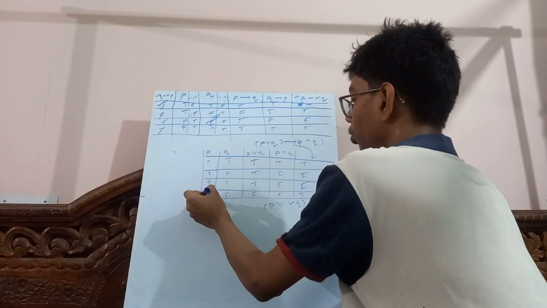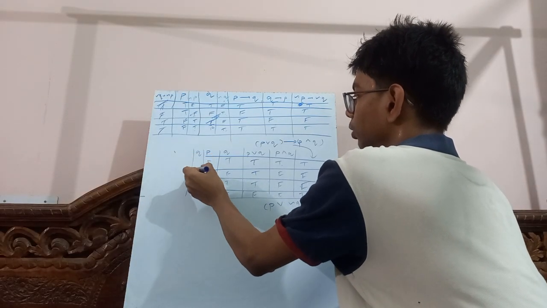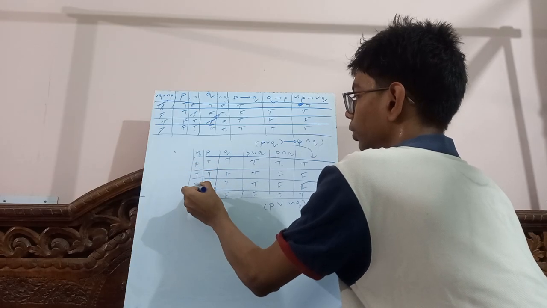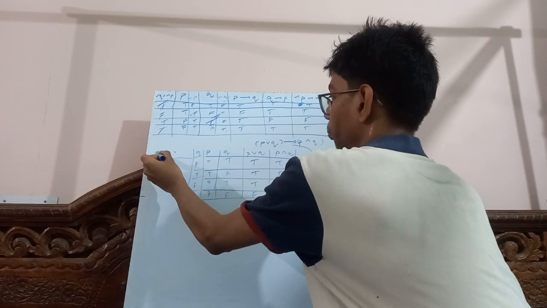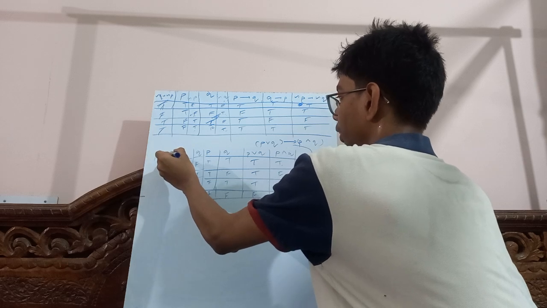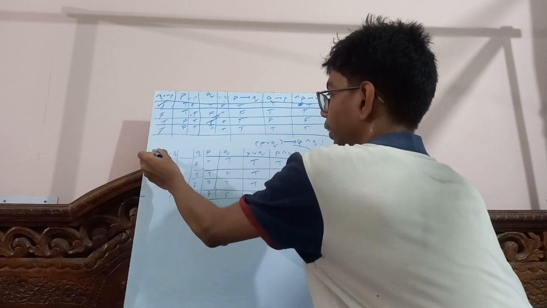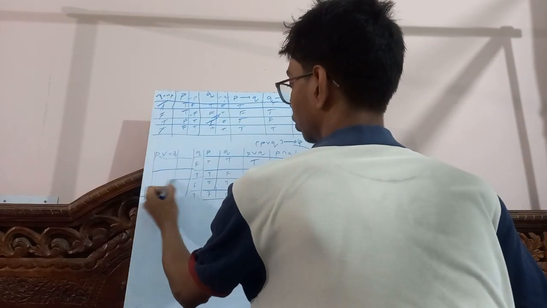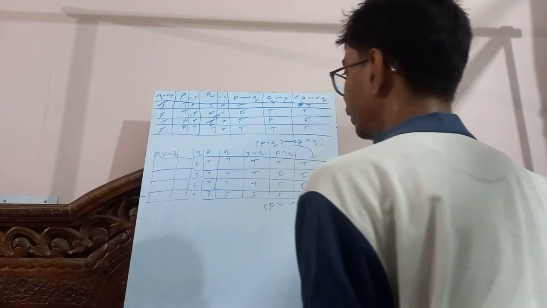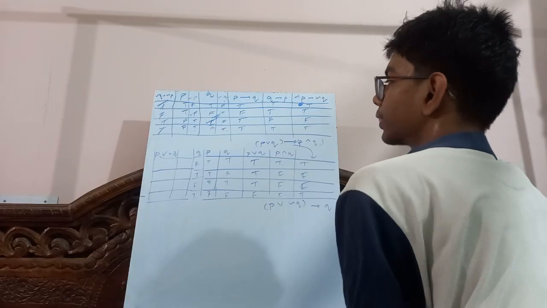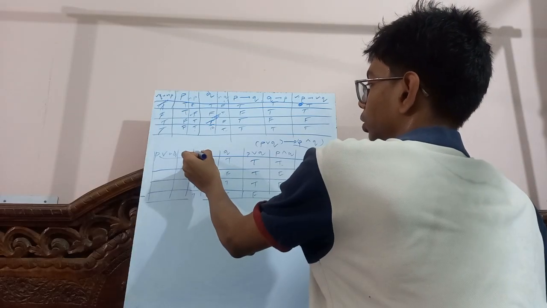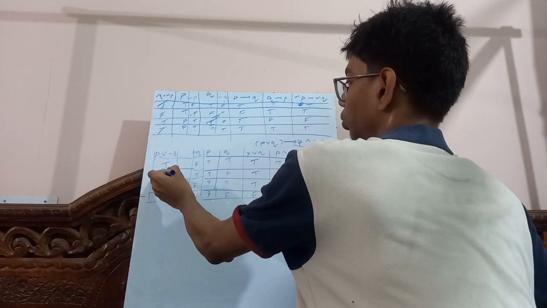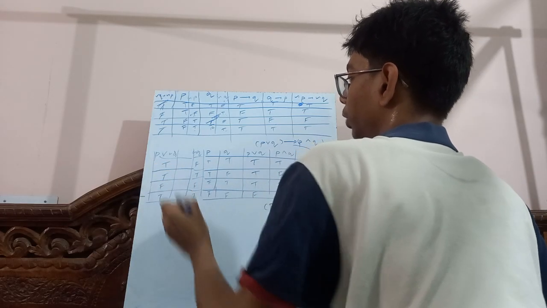So negation of Q will be written as false, true, false, true, and P or negation of Q will be written as, any one should be true, so true, true, false, true, right?